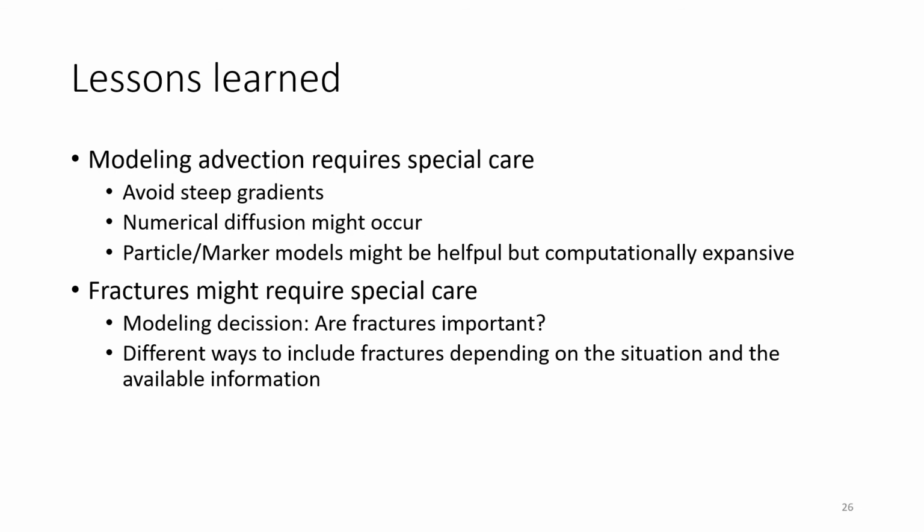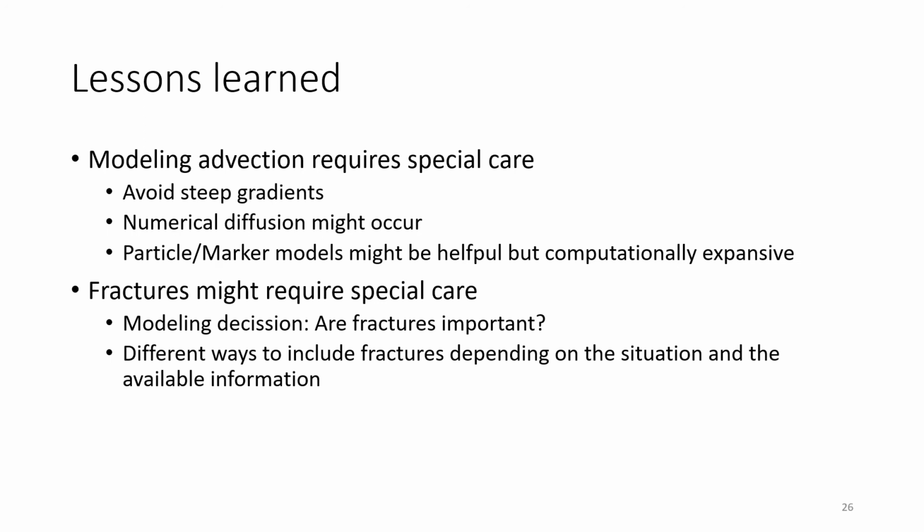So summarizing the whole lecture, first part, advection, right? Consider that it is difficult, or can be difficult, to capture it accurately numerically. As a tip, avoid the steep gradients. Remember that numerical diffusion might occur, and well, that was very obvious in the examples I showed because I only considered advection.